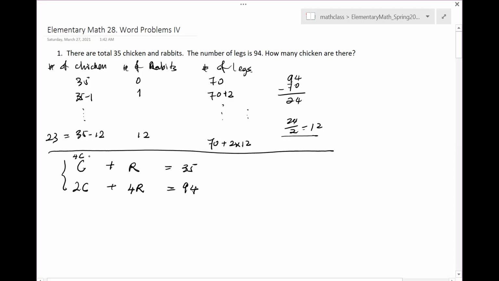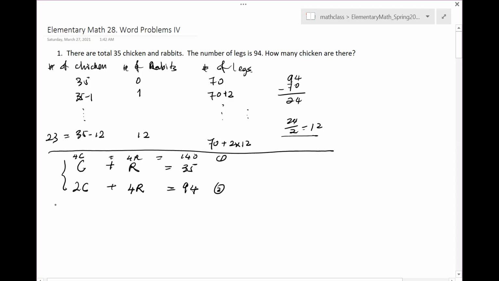So 4C and 4R, and 35 times 4 is going to be 140, right? This is equation 1, and that's equation 2.